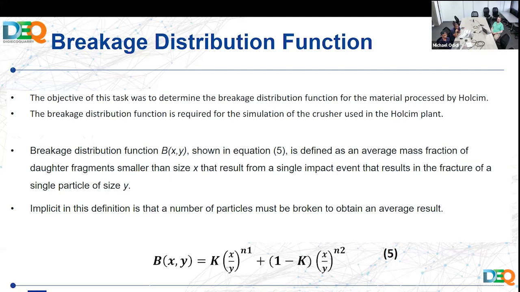So implicit in what I'm explaining is that you need a number of particles to be broken for you to obtain an average result of this breakage distribution function.